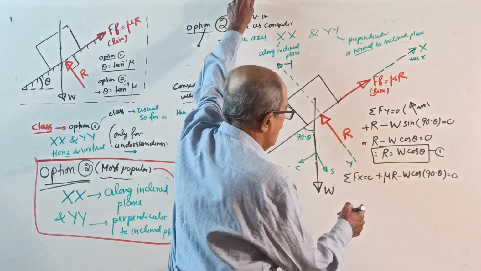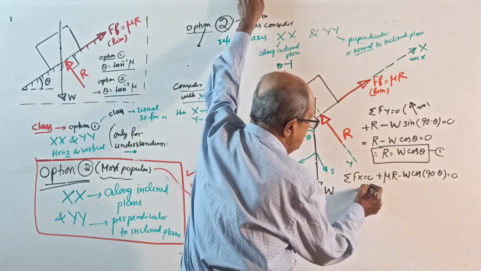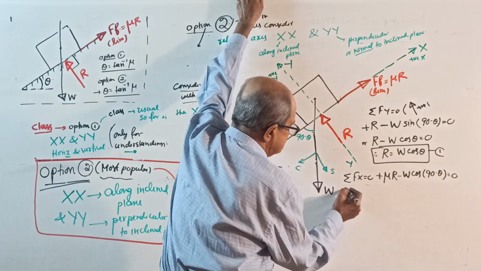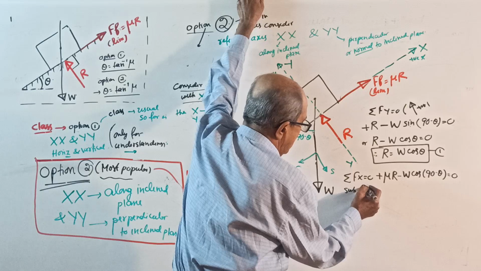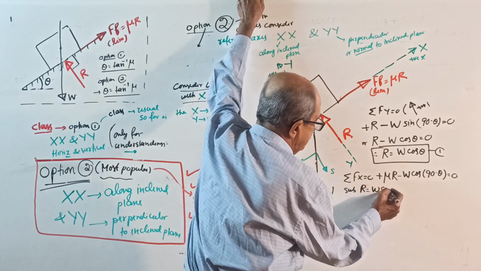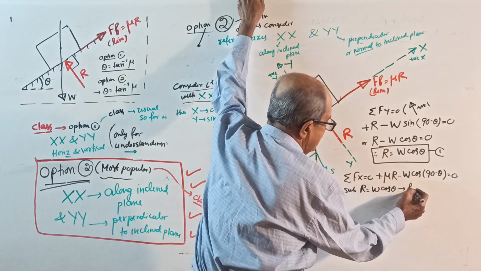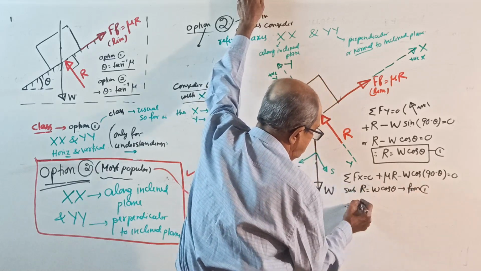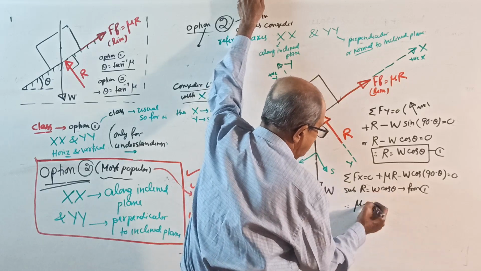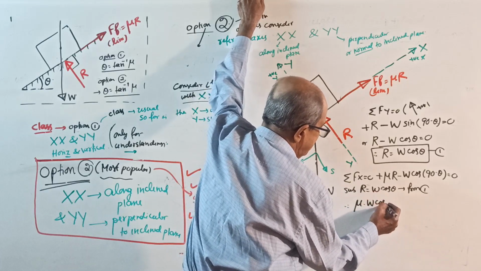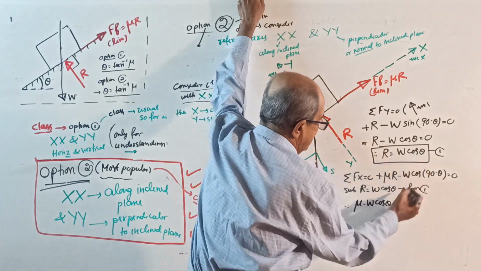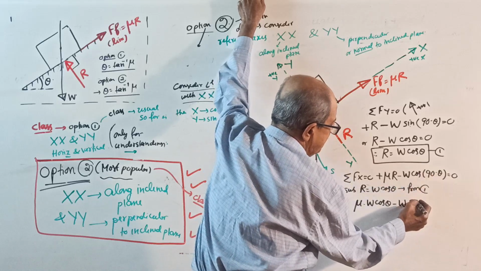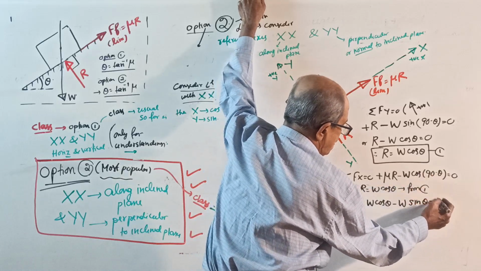Then, what you do is substitute R equal to W cos theta from equation 1. Then you get mu into R, R is W cos theta. You already got R as W cos theta, minus W into cos of 90 minus theta, which is sin theta, equal to 0.